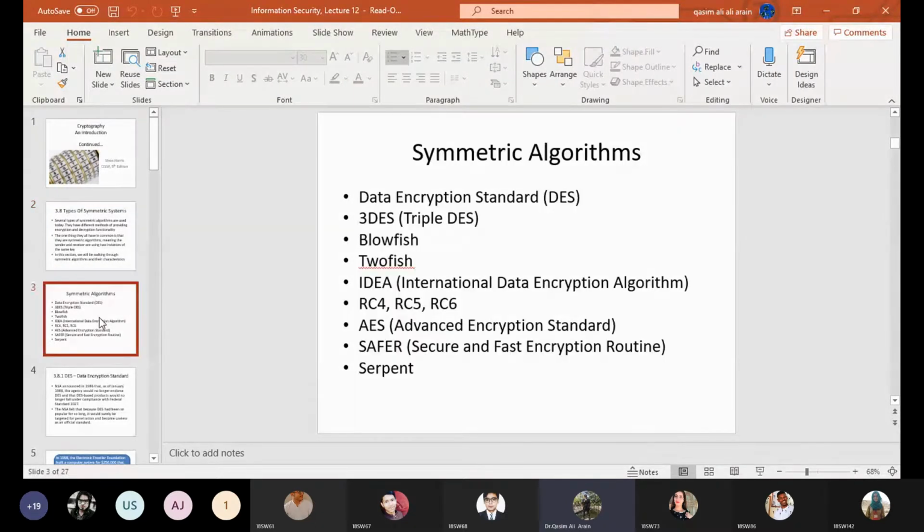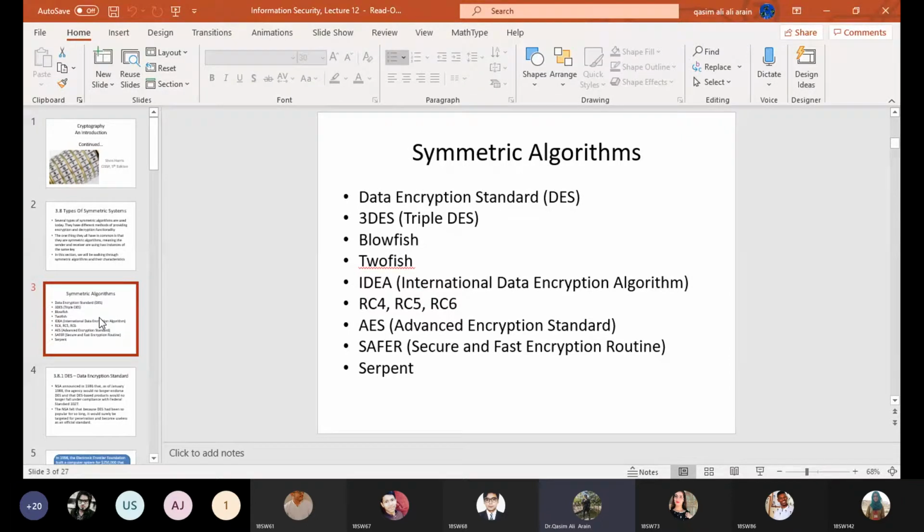So these are the types of symmetric algorithms that we are going to discuss: Data Encryption Standard, Triple DES, Blowfish, Twofish, IDEA, that is the International Data Encryption Algorithm, RC4, RC5, RC6, Advanced Encryption Standard, SAFER, that is the Secure And Fast Encryption Routine, and then Serpent, right?